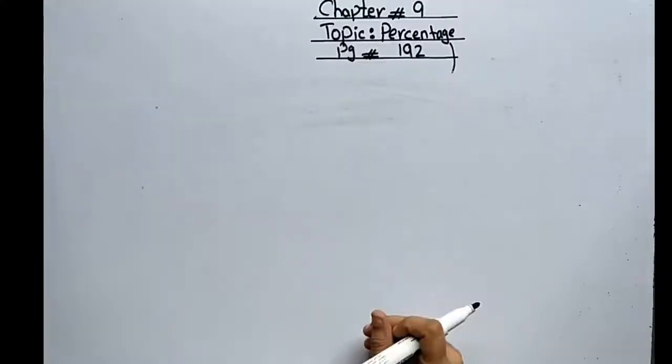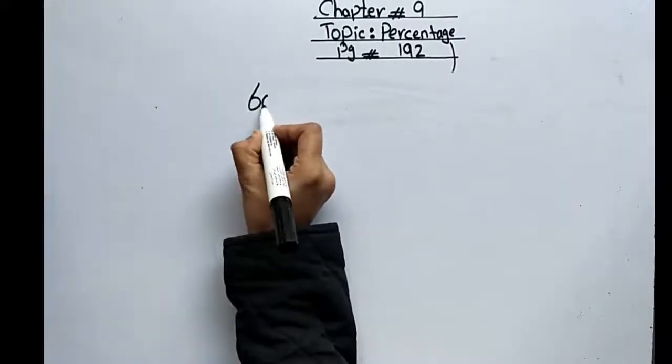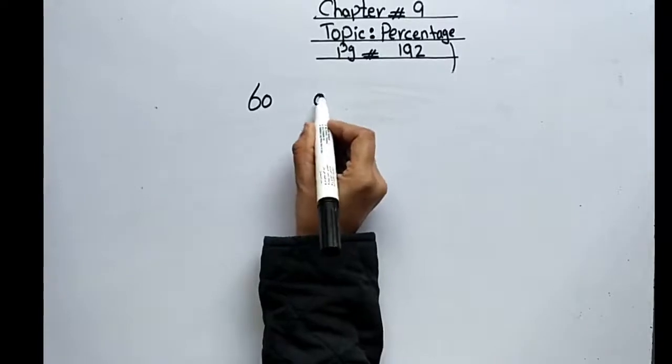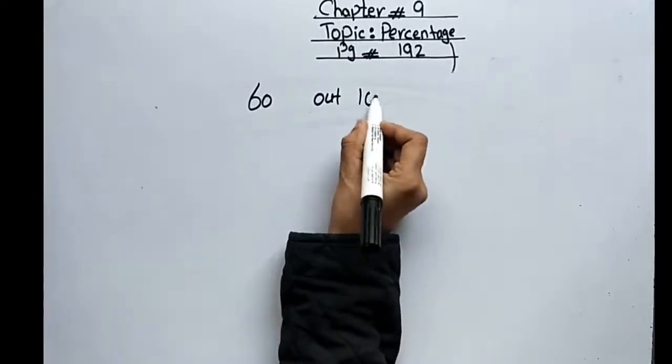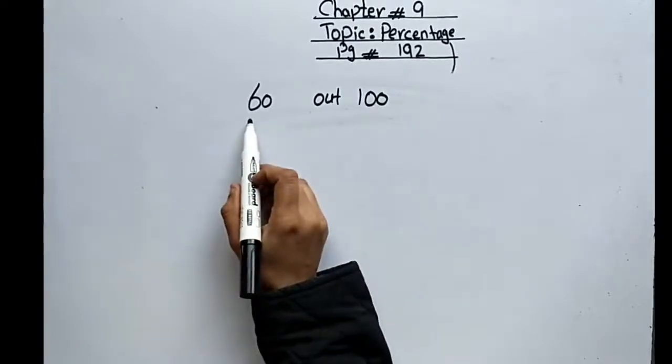So Maria has got 60 marks in math out of 100. What will be the percentage of her marks?